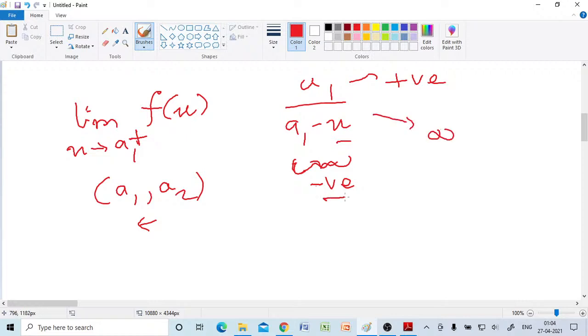Since we have a negative here, it approaches negative infinity, which is quite obvious. So from here we can say clearly that f of x approaches negative infinity. Okay, fine.